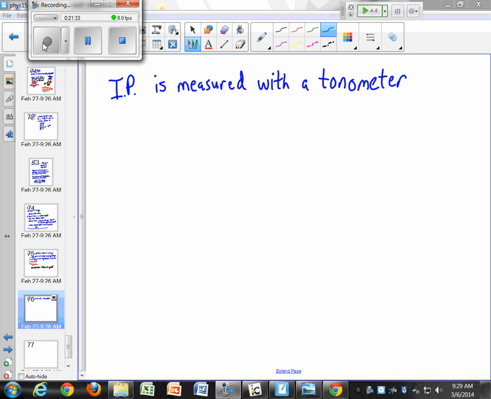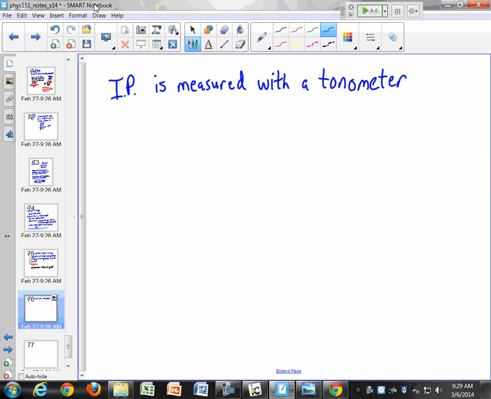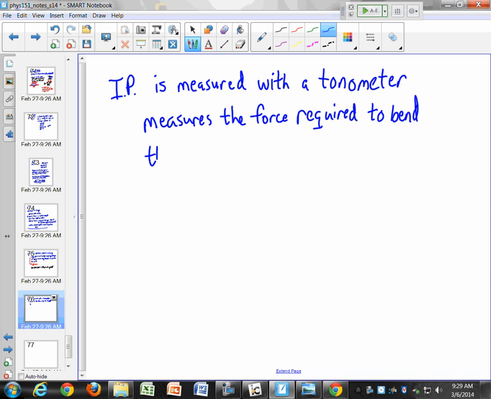It measures the force required to bend the cornea. It actually pushes on your cornea just a bit, whether with the little plastic thing or with a rush of air.